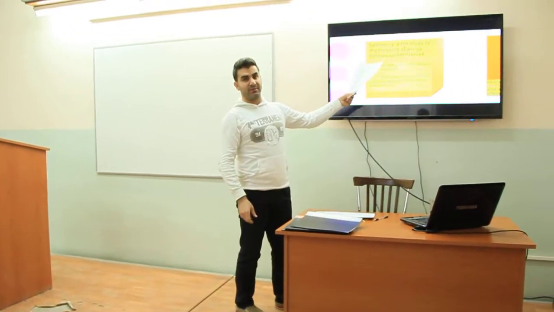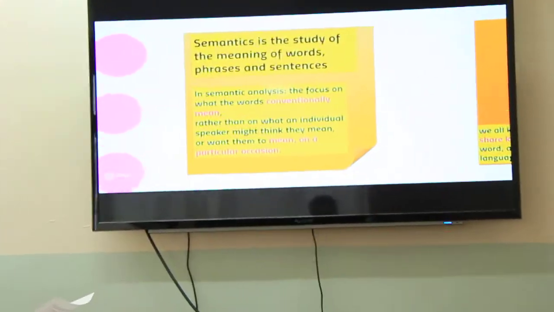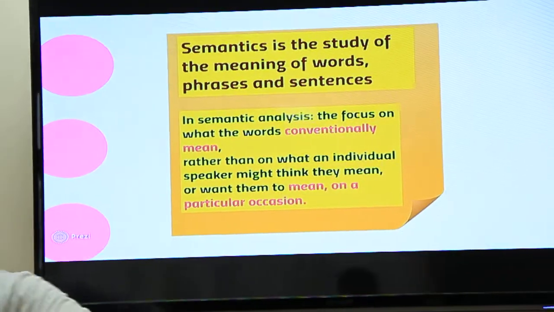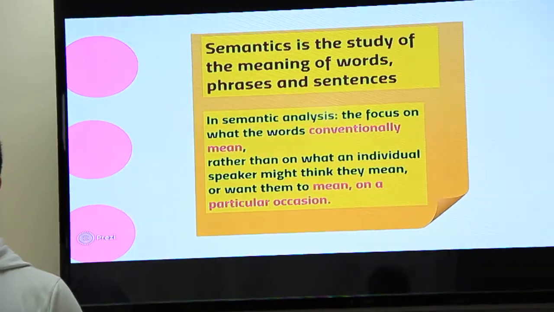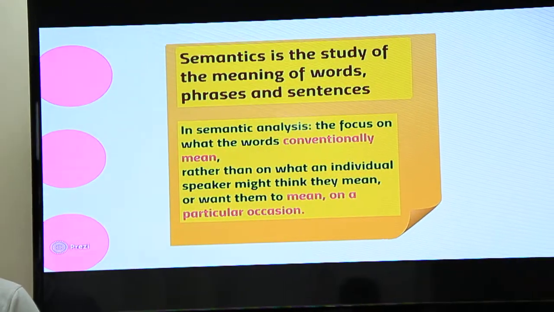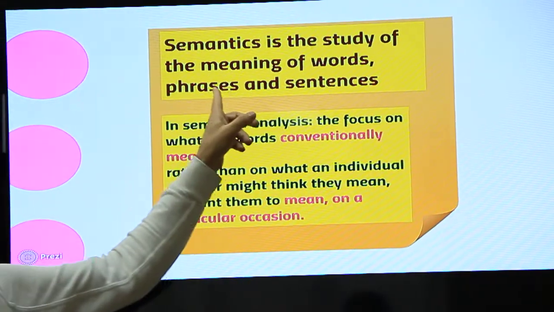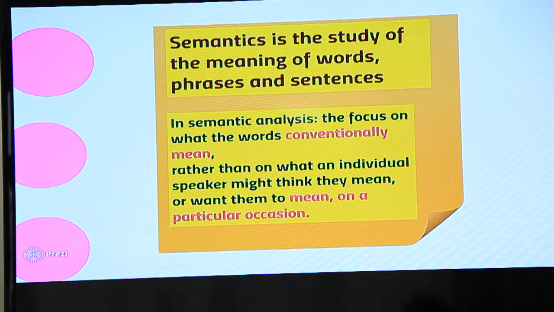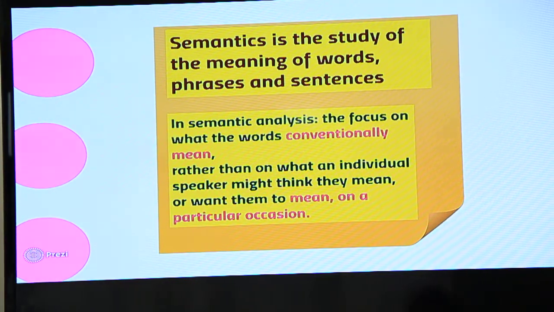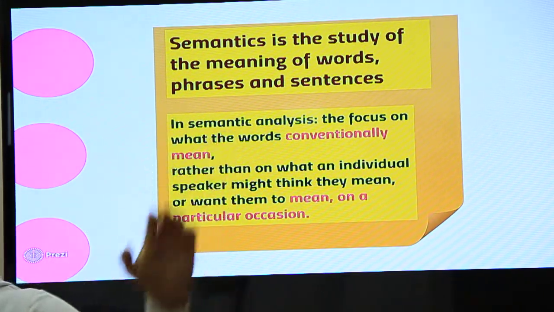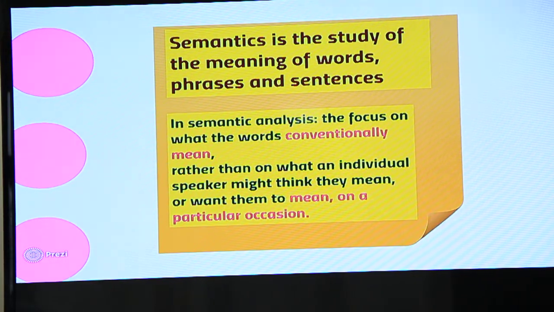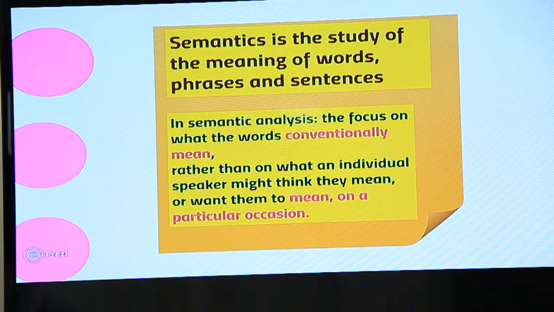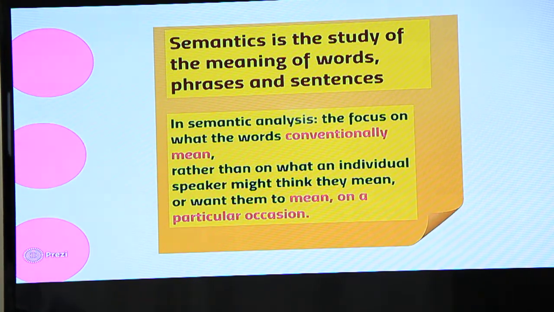So semantics is the study of the meaning of words, phrases, and sentences. When we're talking about semantics, we're not talking about just words but also phrases and sentences. A word can be one word, let's say tall, all right? Then a phrase, a tall guy. And then a sentence, a tall guy walked in.